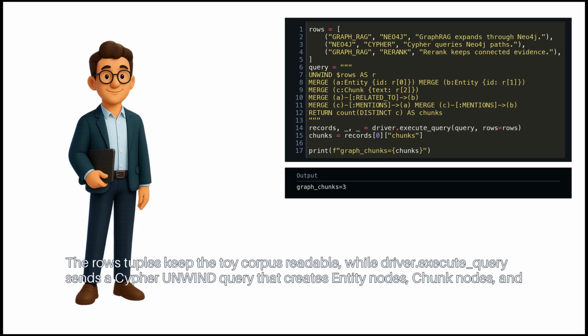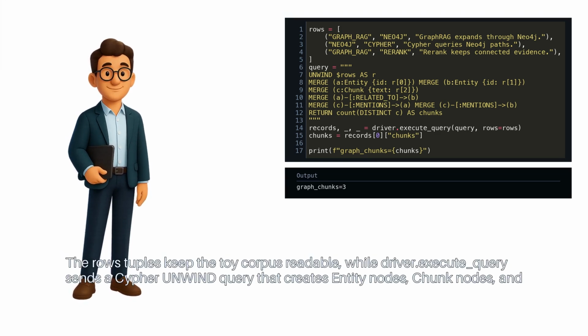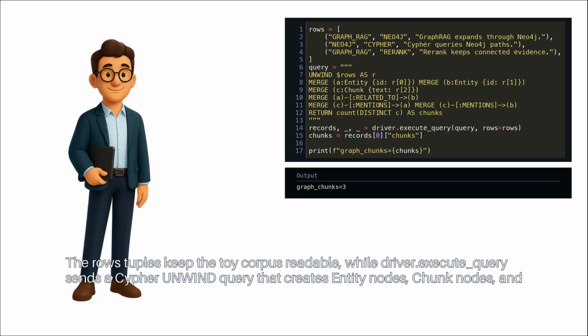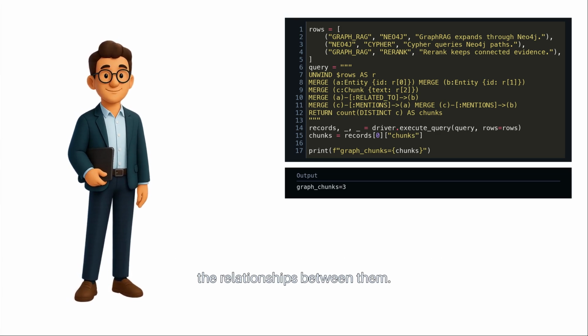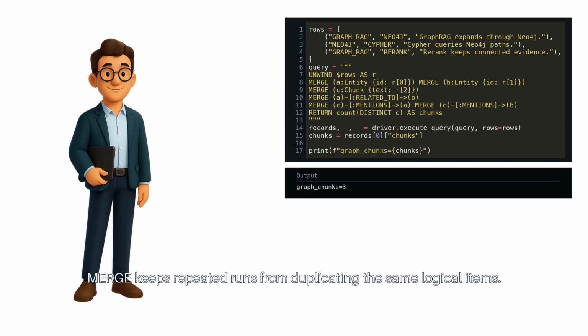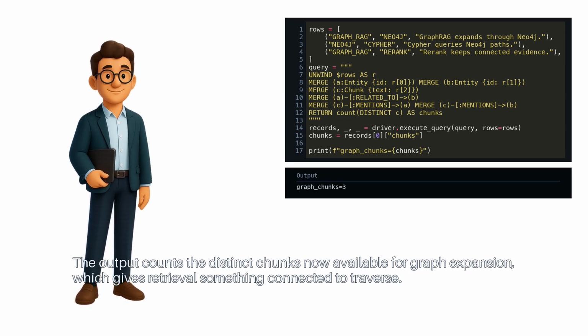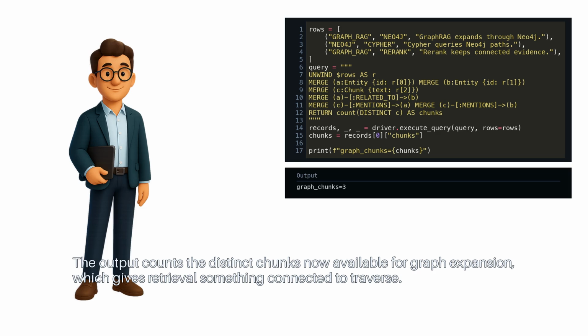The rows tuples keep the toy corpus readable, while driver.execute_query sends a Cypher UNWIND query that creates entity nodes, chunk nodes, and the relationships between them. MERGE keeps repeated runs from duplicating the same logical items. The output counts the distinct chunks now available for graph expansion, which gives retrieval something connected to traverse.